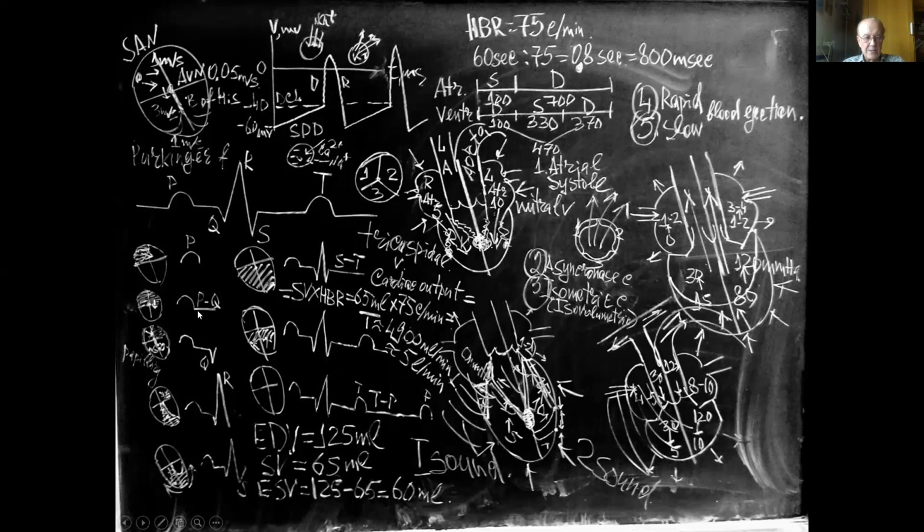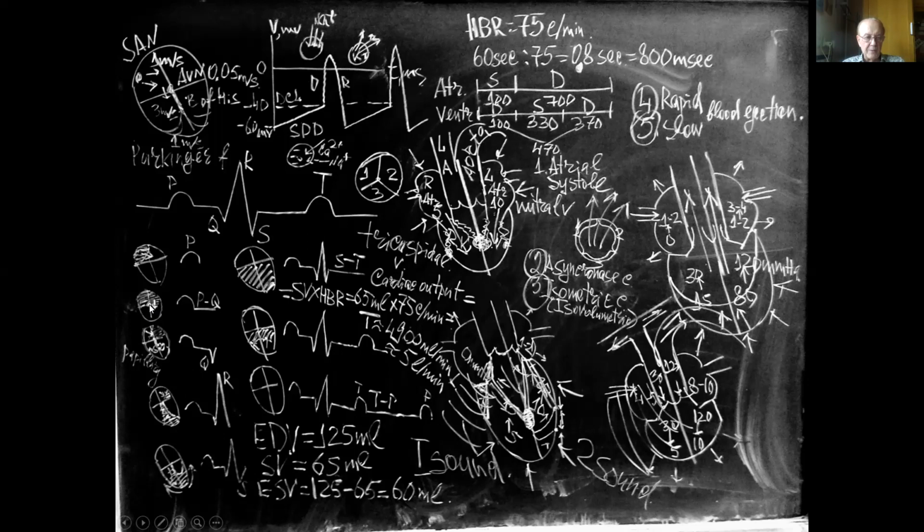Then we register the PQ segment. Both atria are excited, and the excitation continues in both atria, and excitation conducts in the cells of the atrioventricular node with slow excitation conduction.